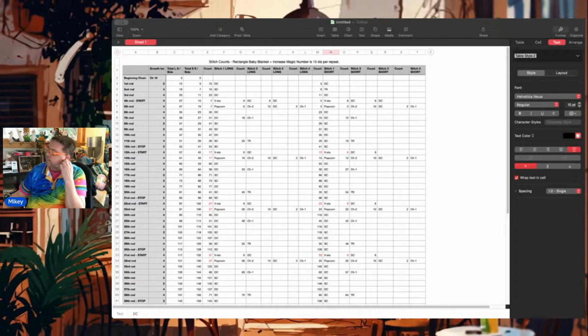I wonder if this can be put over to a document. You know what? Somebody's going to say they can't read a chart.